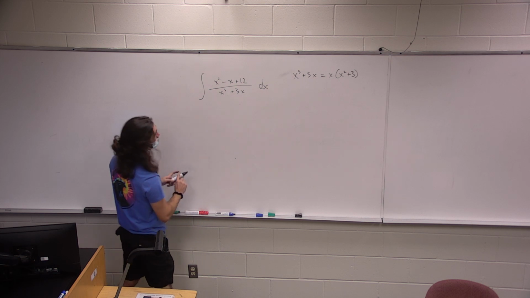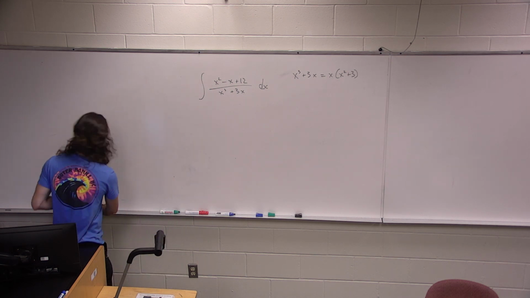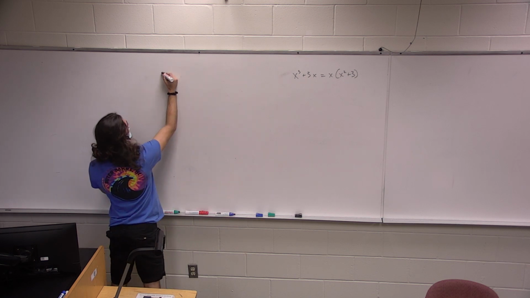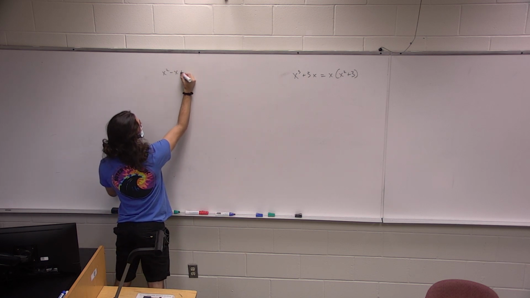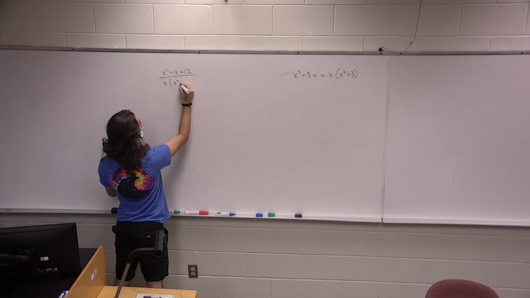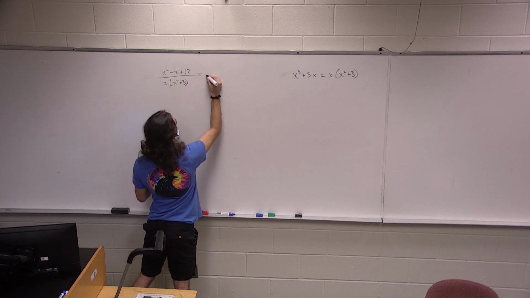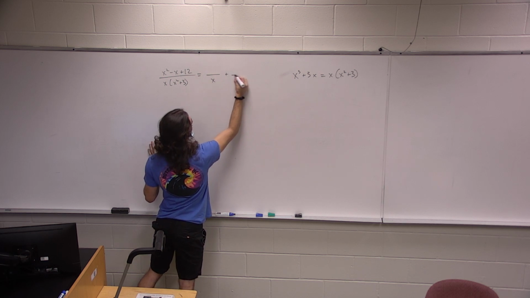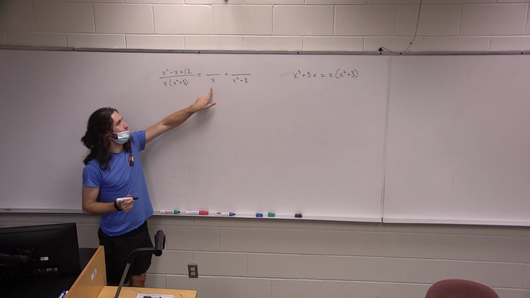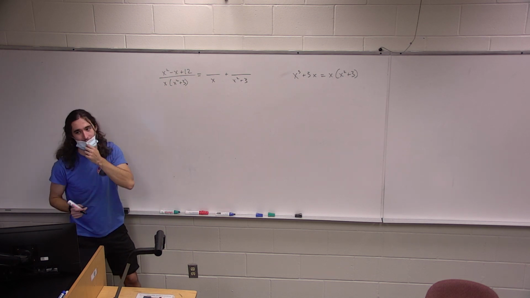So you can hope that there is a way to rewrite this as something over x plus something over x squared plus 3. Those are the irreducible factors of that denominator.